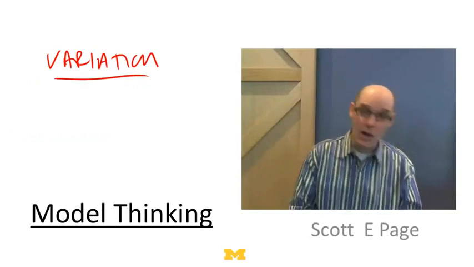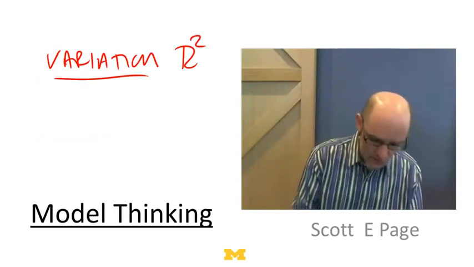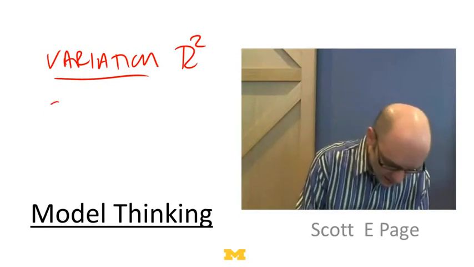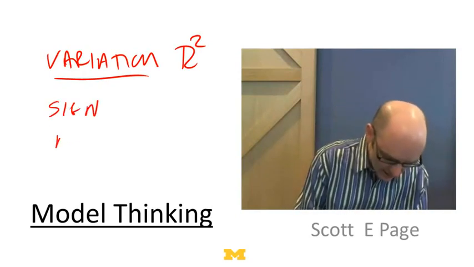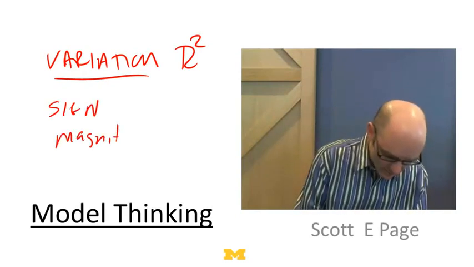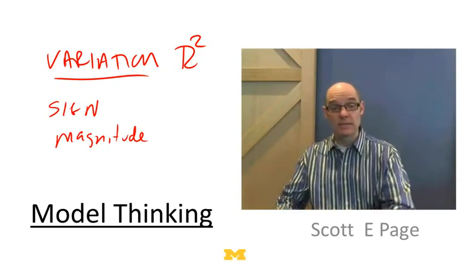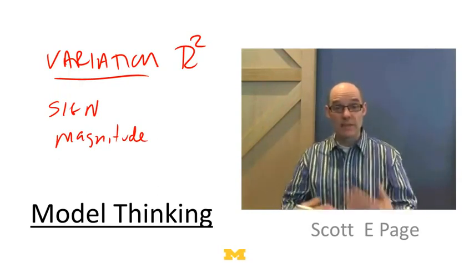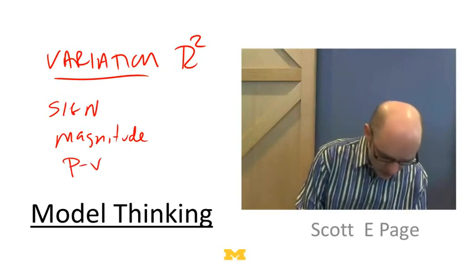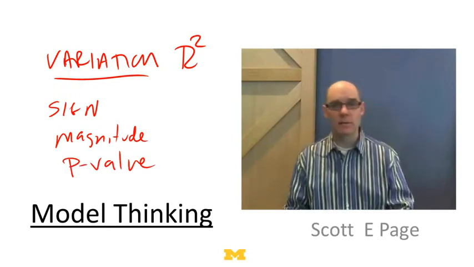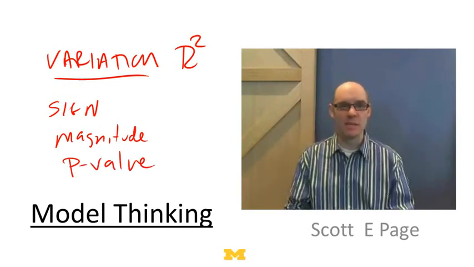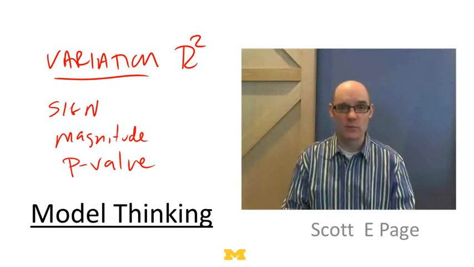So that's a measure of how good the model is, and that's captured by R squared. Then it tells us what the sign and the magnitude of those coefficients are, right? So is the sign positive, and what's the magnitude of that coefficient? And then we also get that p-value thing, which tells us what's the probability that the coefficient's actually wrong, that maybe the data is so noisy we can't say for sure.